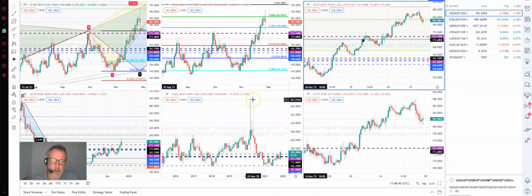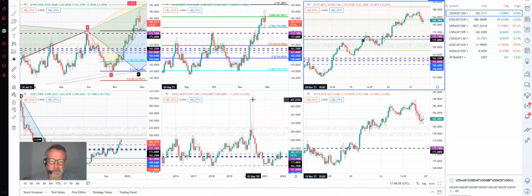What I look to do is look for support and resistance levels in the single currency. I'm not going to say crosses because they're not in the single currencies. I then overlay that to try and find a counter currency that looks to be moving in a separate direction. So obviously if I find one that I want to sell, then I need to find another that I want to buy.